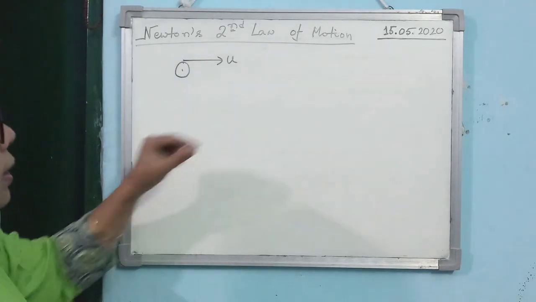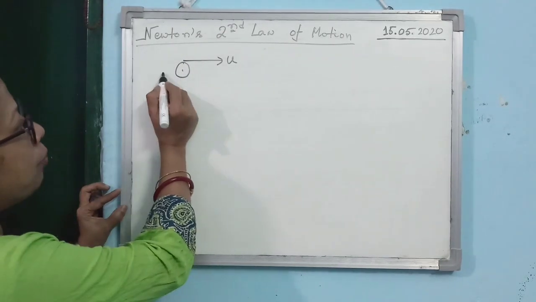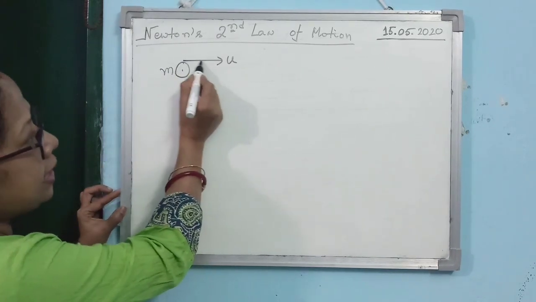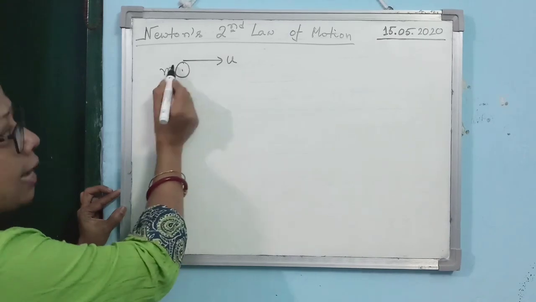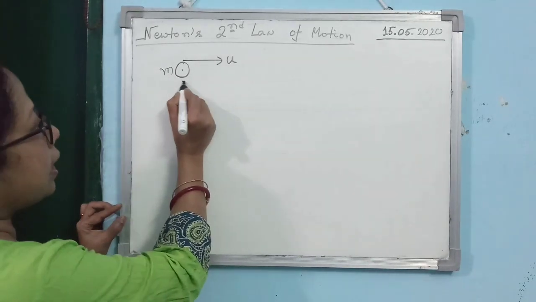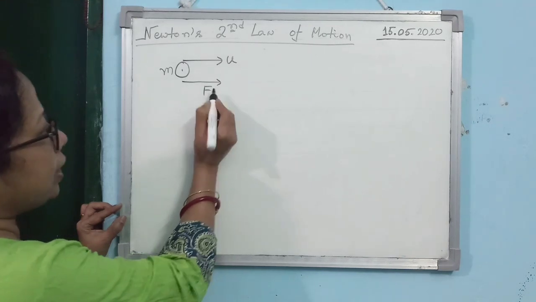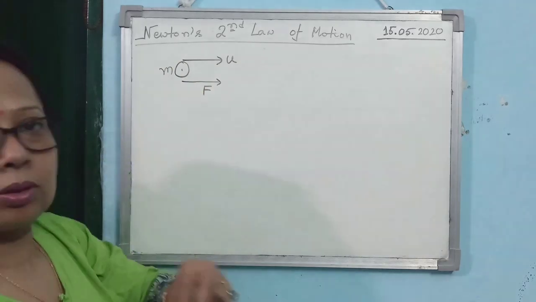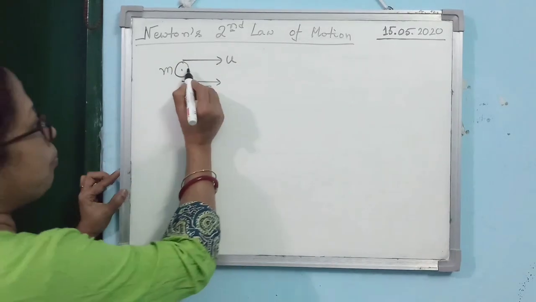Now, consider this situation. Suppose a body of mass m is moving with the initial velocity u as shown in the diagram. Now, what is done? A force F is applied on the body in the same direction. So, what will happen?